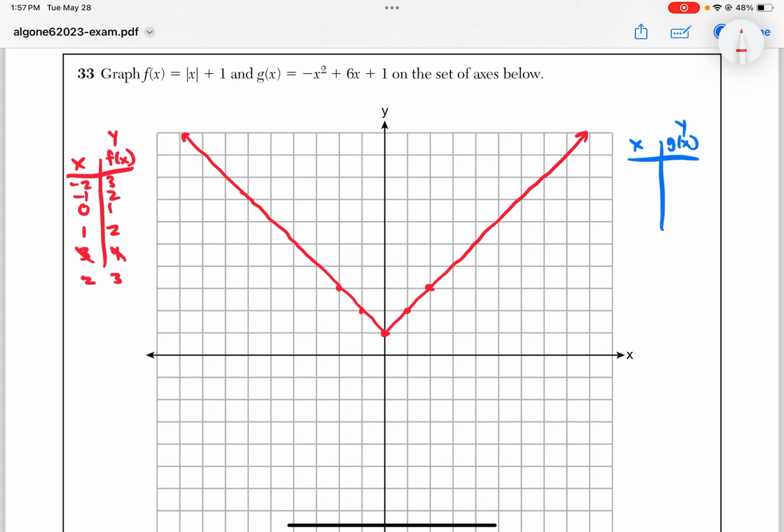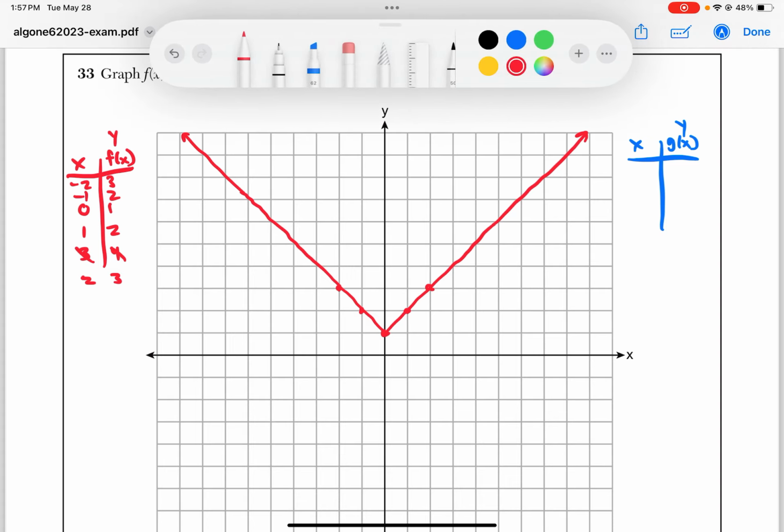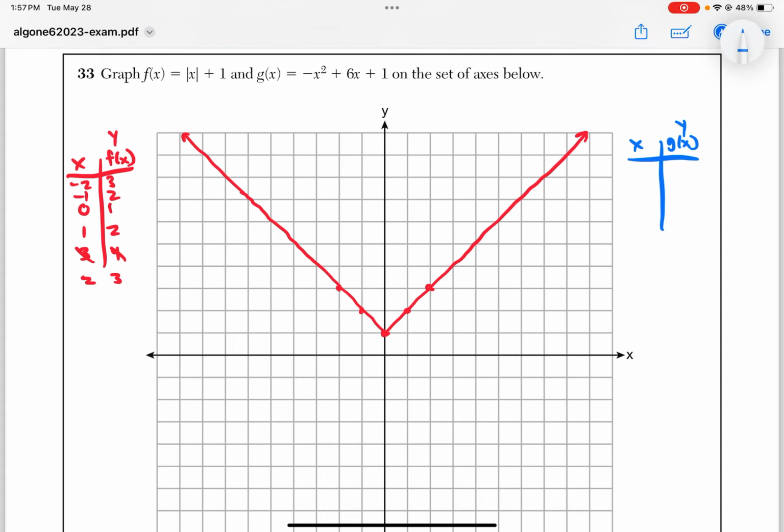And let's go into g of x, which is negative x squared plus 6x plus 1. So we got 0, 1, negative 1, 6, 1, 6, 2, 9. I'm going to focus on the ones that will actually fit on the graph, right?